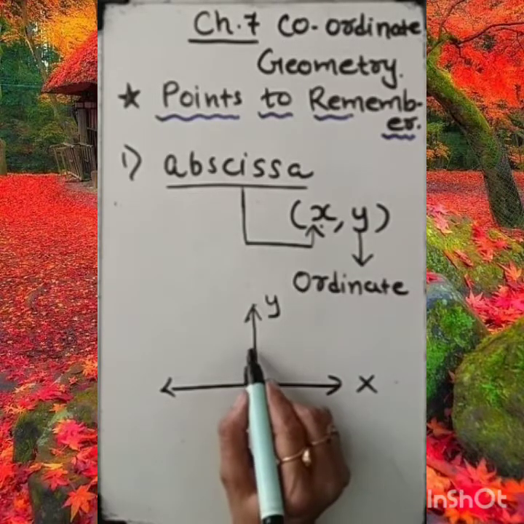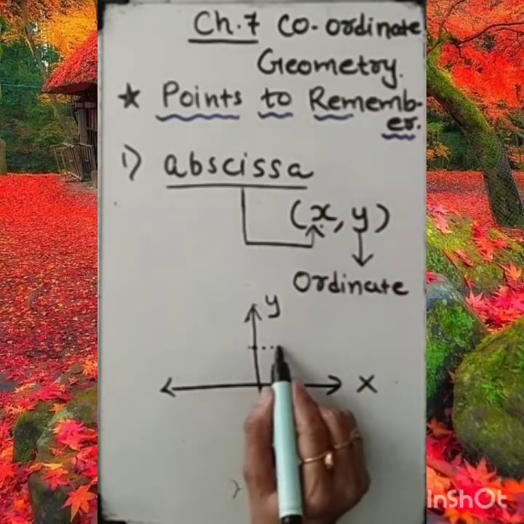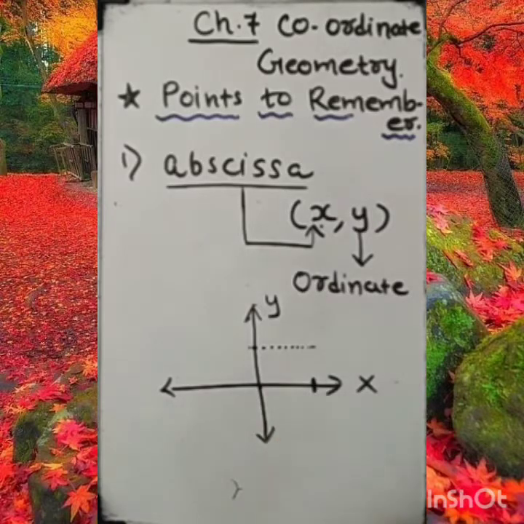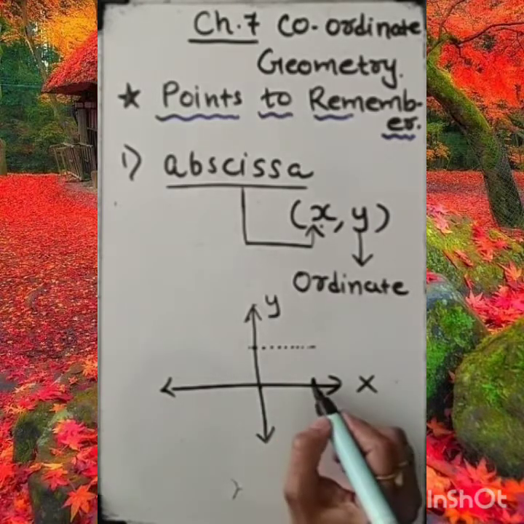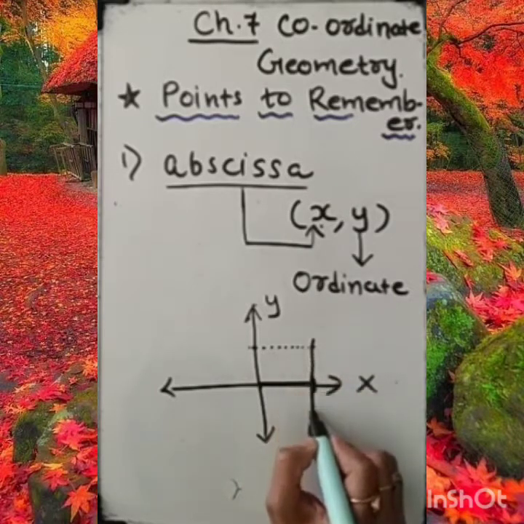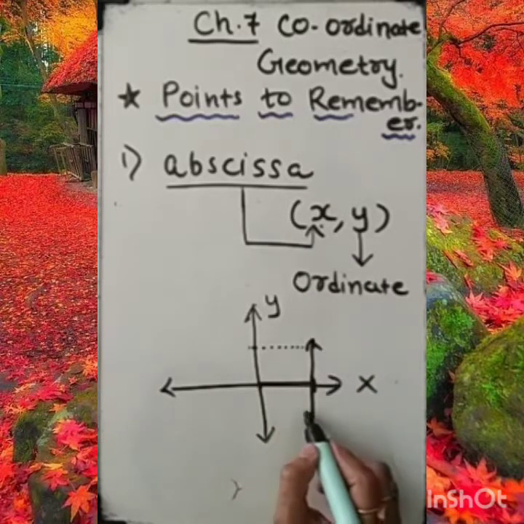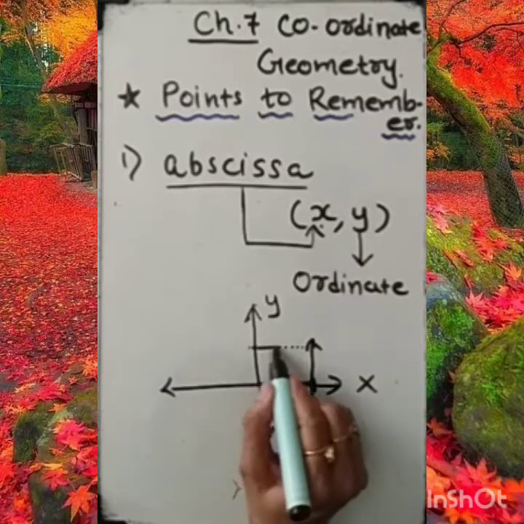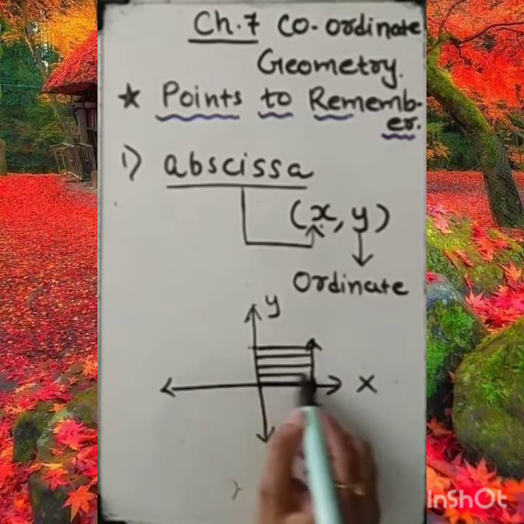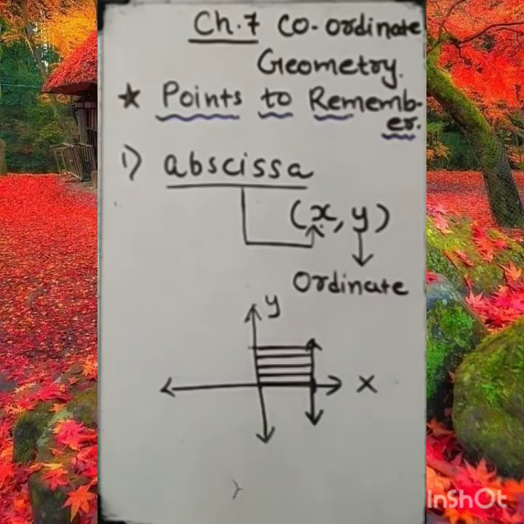If I go with the perpendicular distance, suppose the point lies somewhere here, then this much distance from the y-axis, measured along the x-axis, is called abscissa. Clear to you?